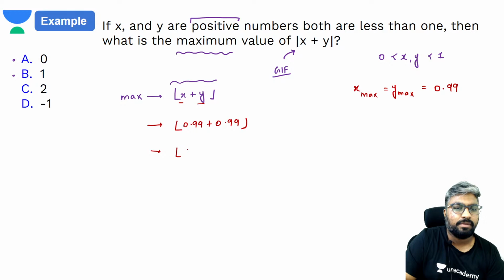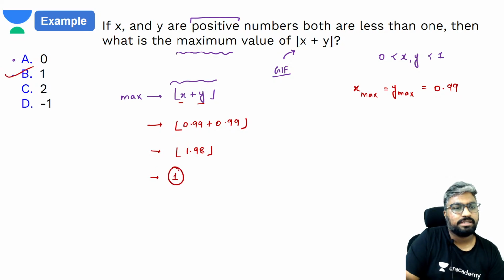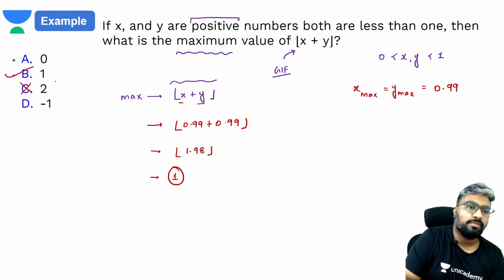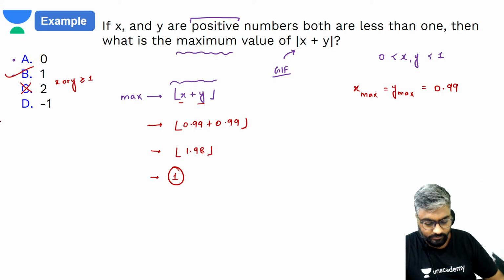So this will be 1.98, and the greatest integer less than 1.98 has to be 1. No other choice, it can't be 2 at all. For it to be 2, x or y has to be greater than 1, or at least equal to 1. Done?